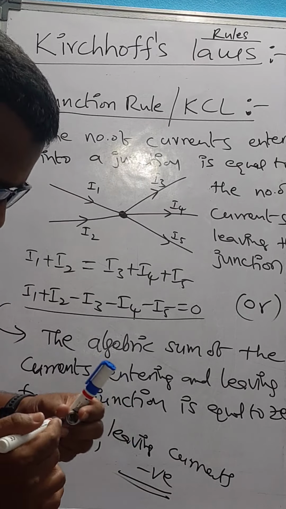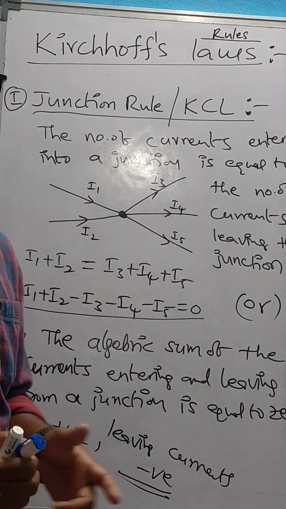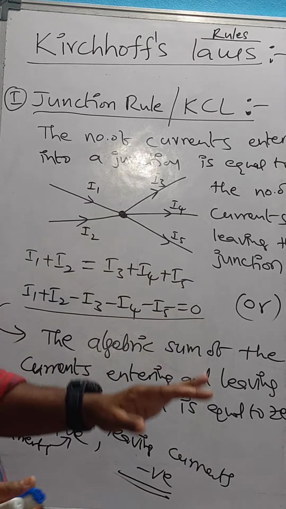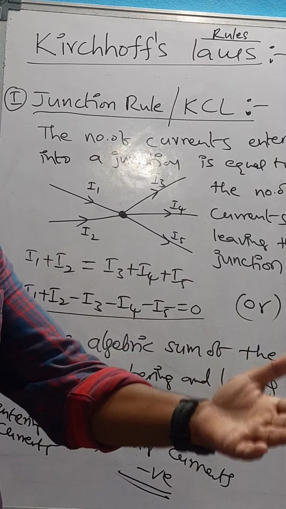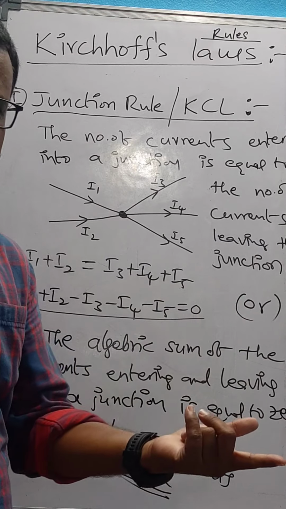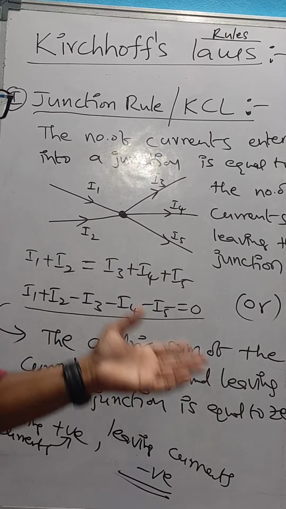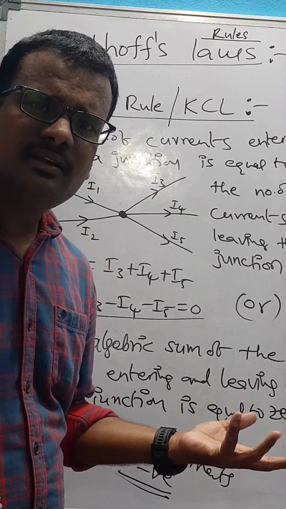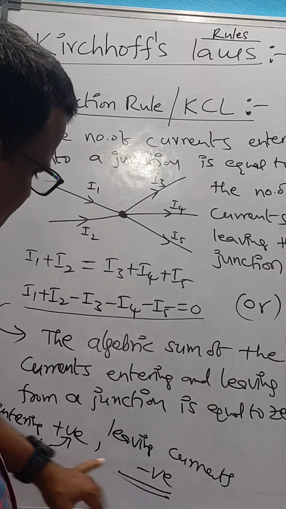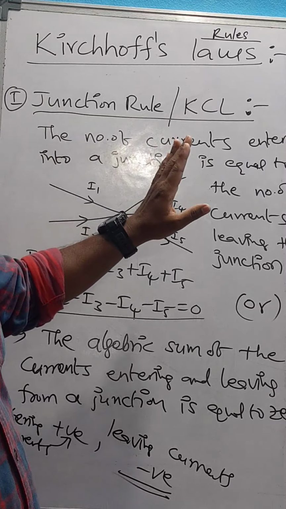This is the sign convention at a junction point: entering currents positive and leaving currents negative.